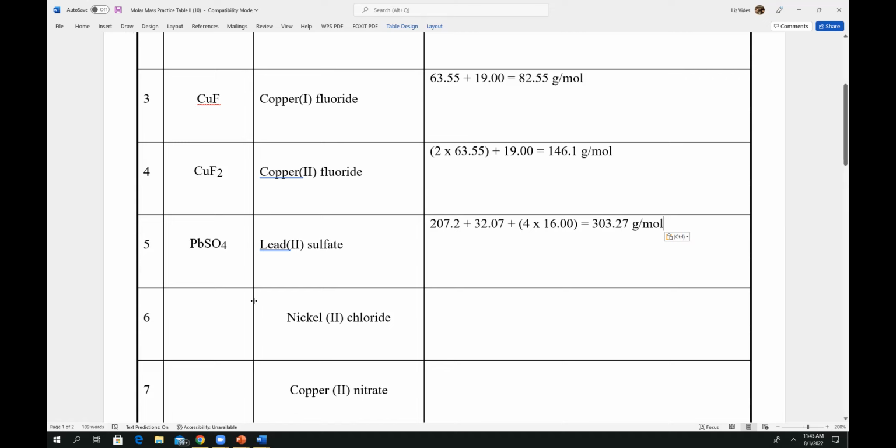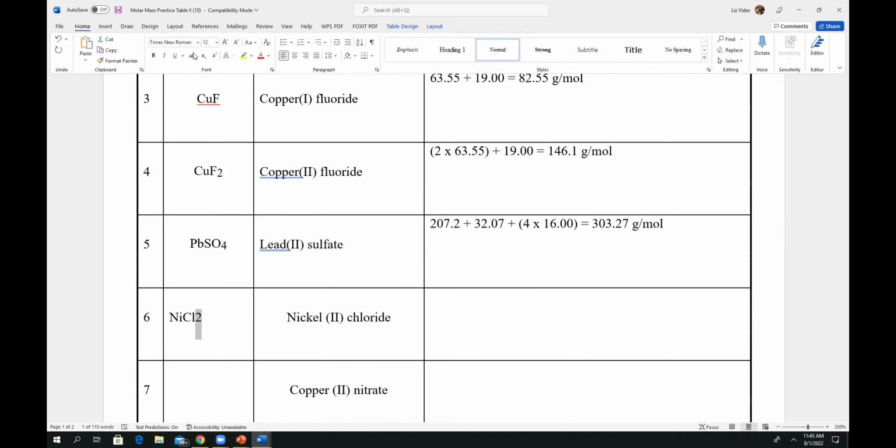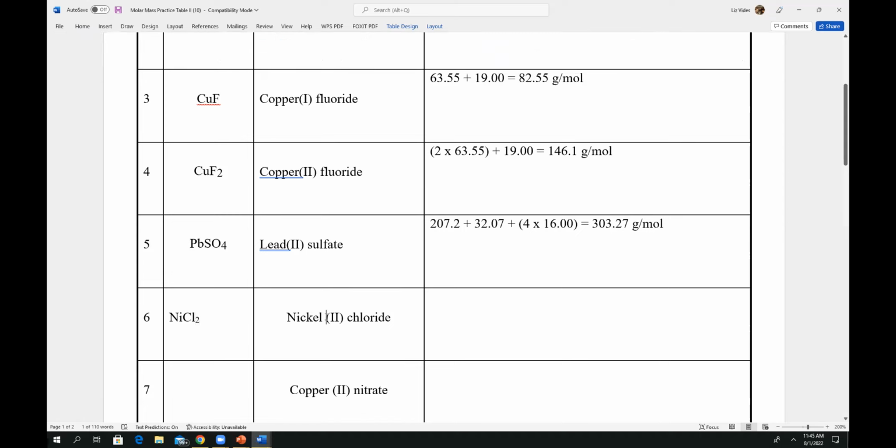Okay, now this one is giving us our name, so we need to figure out what nickel 2 chloride is. NiCl2, right? That's what it would be. All right, so from that, see, it's important to know the formula.